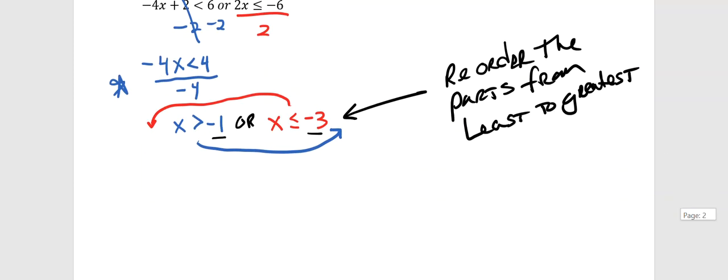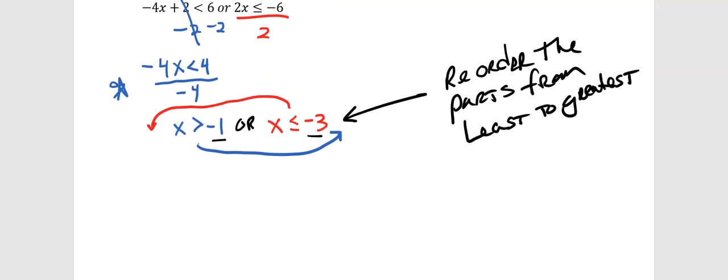So let's see what that looks like. We're just going to rewrite. So the smaller of our two values, x is less than or equal to negative 3, or followed by the larger value, x is greater than negative 1. That's going to be our final answer.